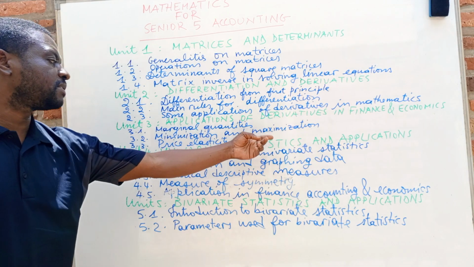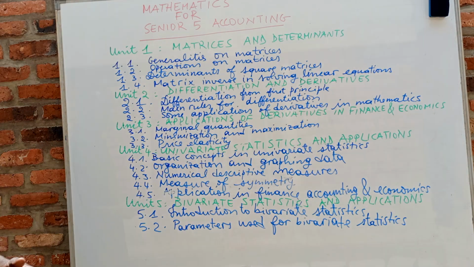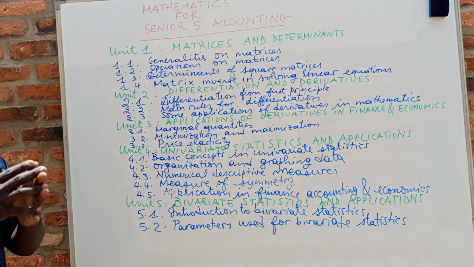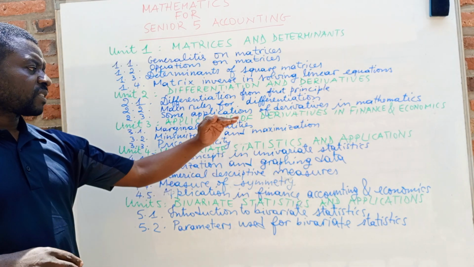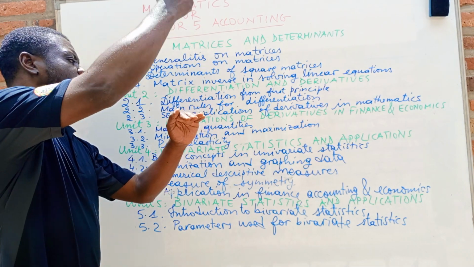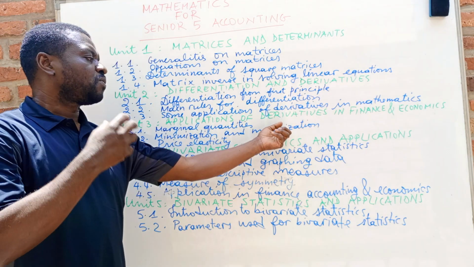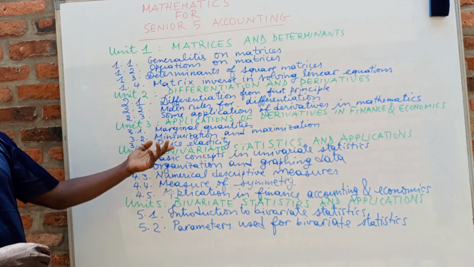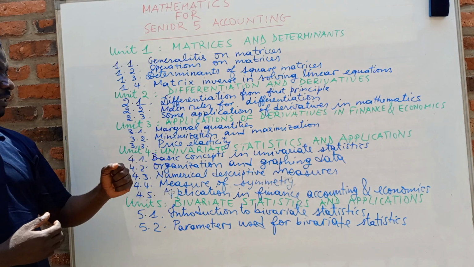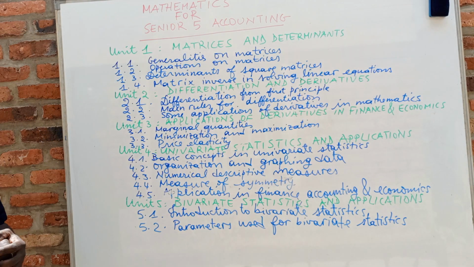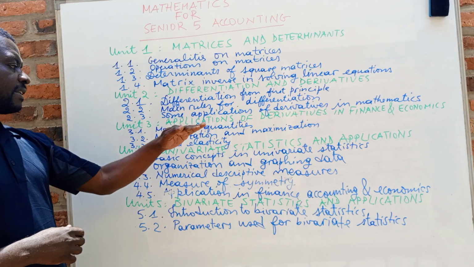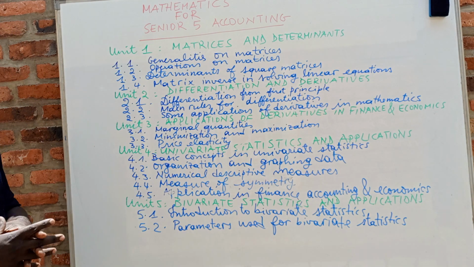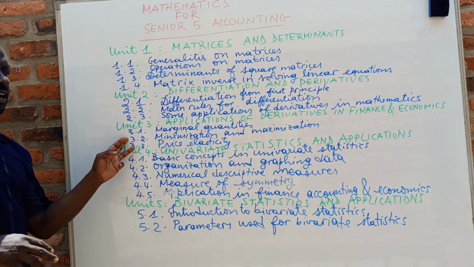In case of maximization, under certain conditions there is no value that can go beyond the maximum value. And in case of minimization, there is a certain value which is below all other values that a function can have.